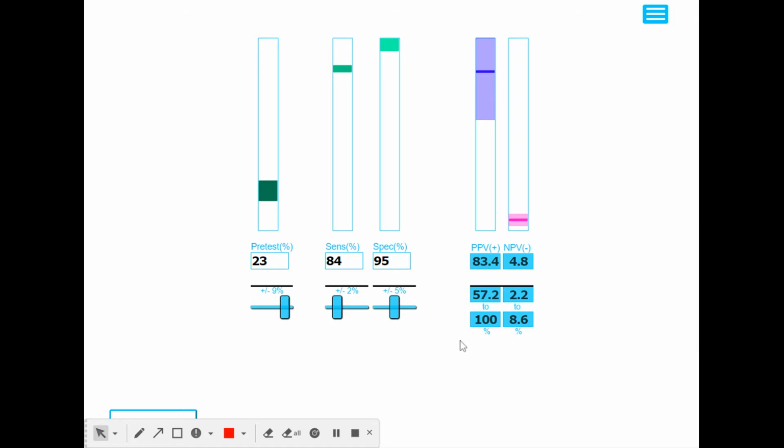But because of the uncertainty, the range for a positive test is actually between 57 and 100%, and for a negative test is anywhere between 2 and 9%. And that just gives you an idea that in all of these studies, there's a 95% confidence interval stated, and that affects the certainty that you might have with the test.